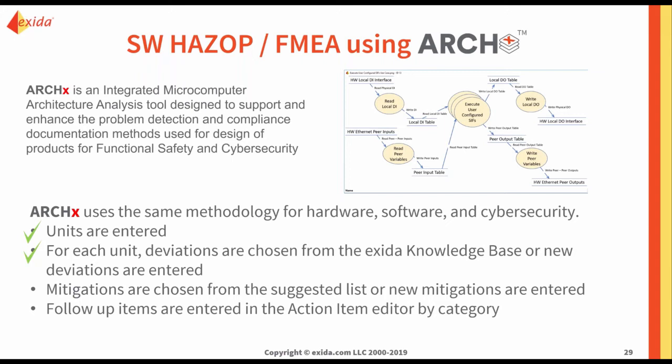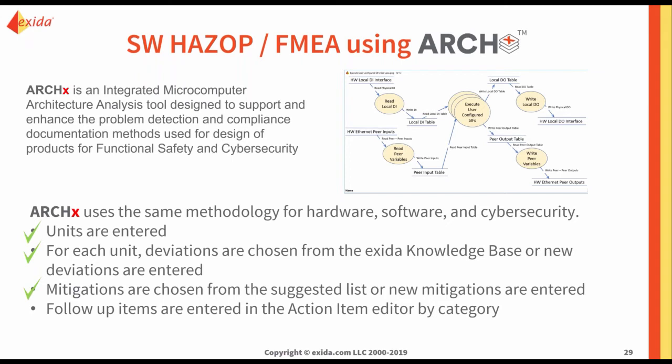You specify the unit type, and deviations are given to you from the exida knowledge base. Or, of course, you can add new deviations if you have something special that wasn't covered. That helps ensure completeness, consistency, and not missing something.